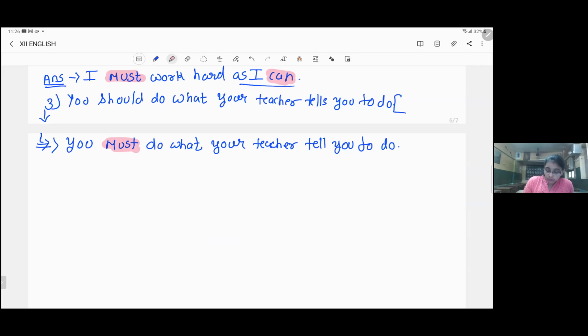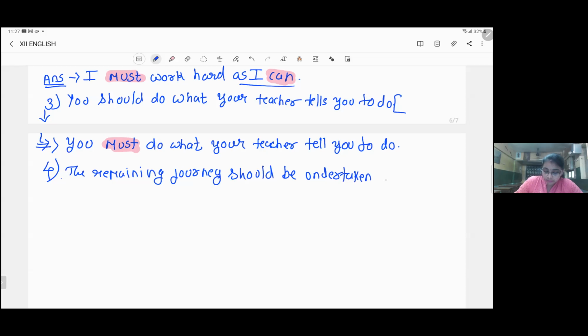Now, fourth sentence. Write down: the remaining journey should be undertaken on foot or pony.